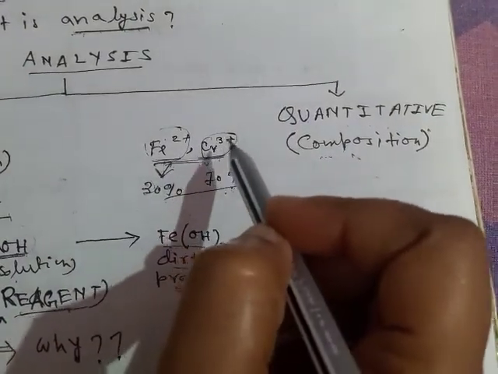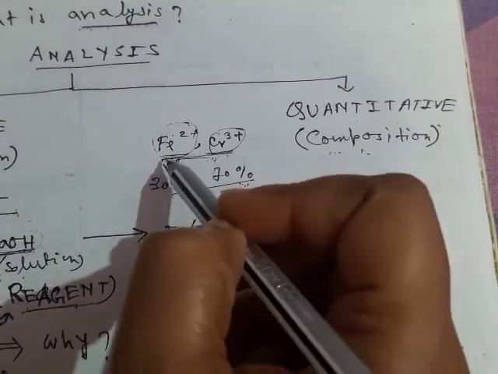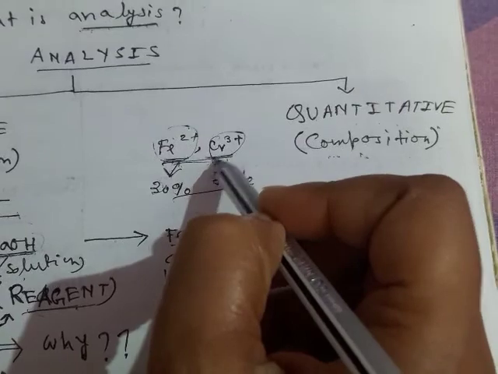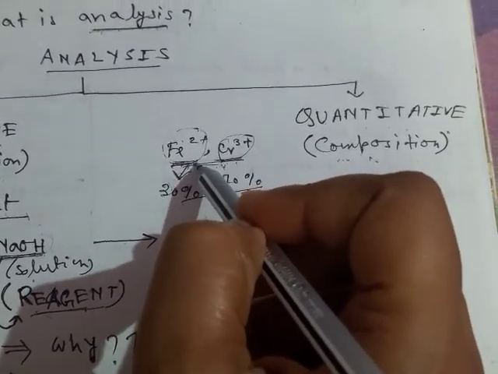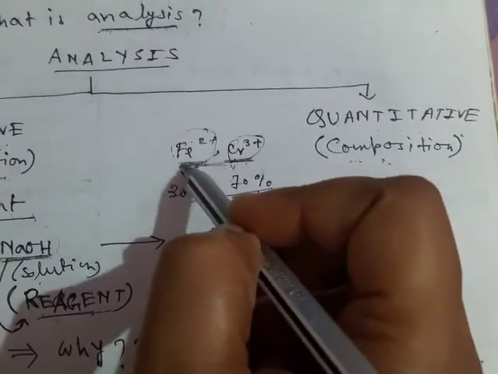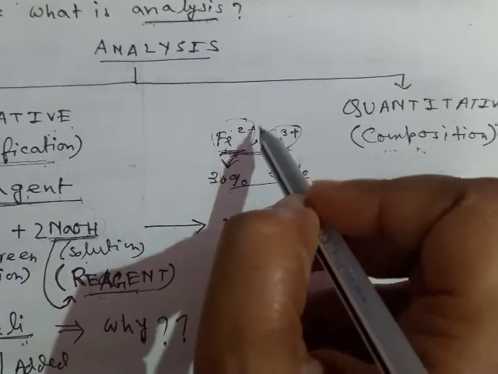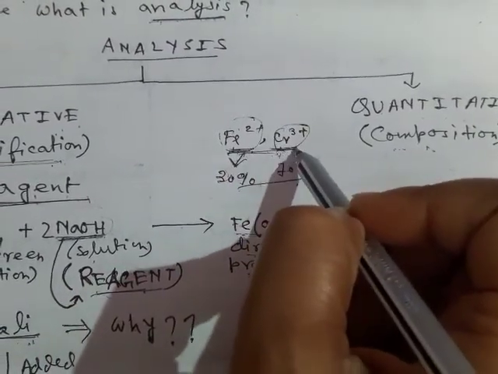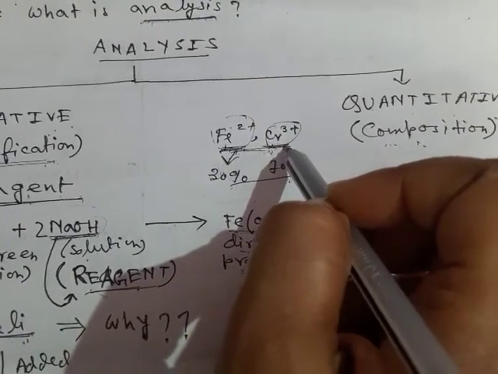Say I am giving you a solution which contains ferrous ion and chromium ion. Now you have to first determine the ions present in that solution, that is called qualitative analysis. You determine ferrous ion and chromium ions that are present in that solution, that is qualitative analysis.